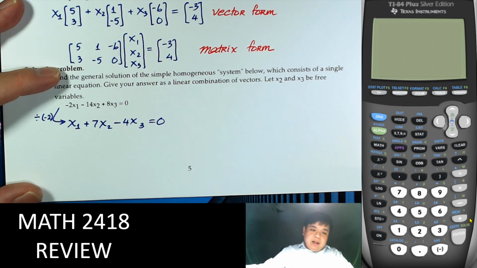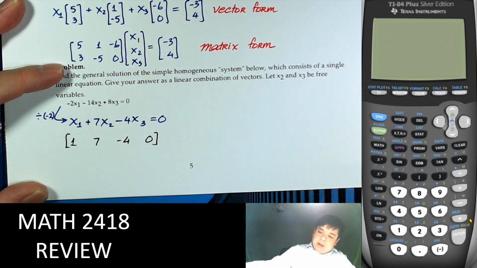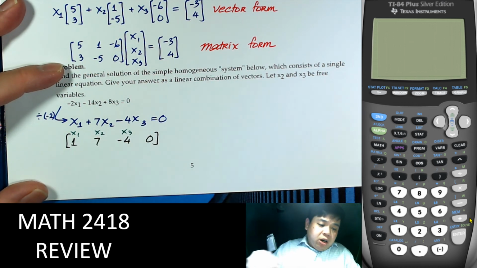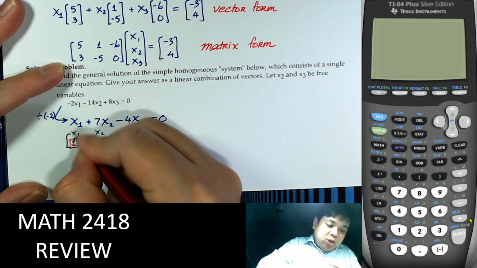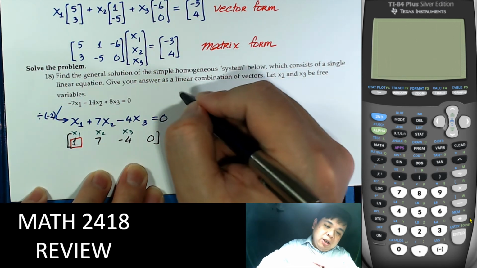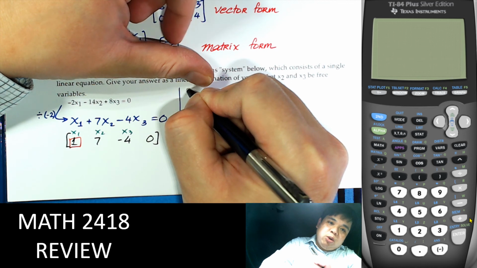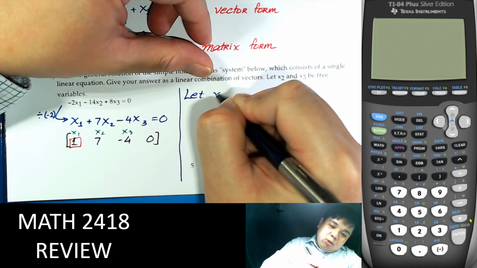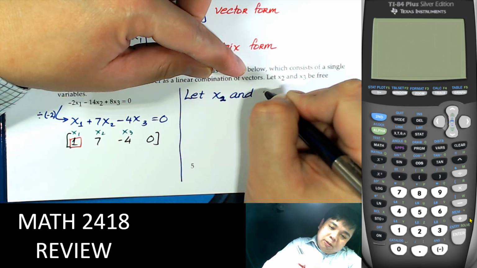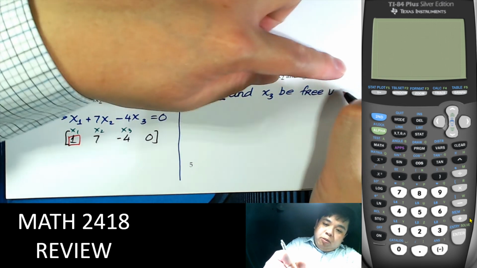Now if we put this in the matrix form, there's only one row, and we have x1, x2, x3. As you see, the pivot is here. So x1 is basic, and x2 and x3 therefore will be free. So we say let x2 and x3 be free variables, meaning they can be anything.